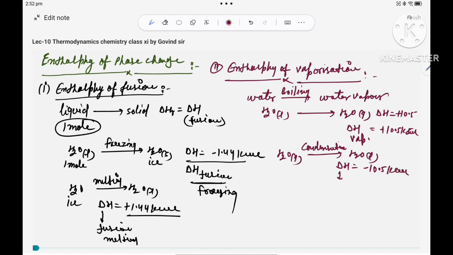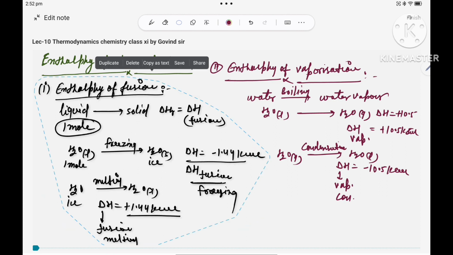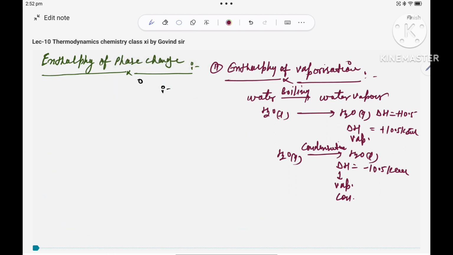So that is condensation, the enthalpy of condensation, the enthalpy of vaporization in the case of condensation. Similarly, enthalpy of sublimation.